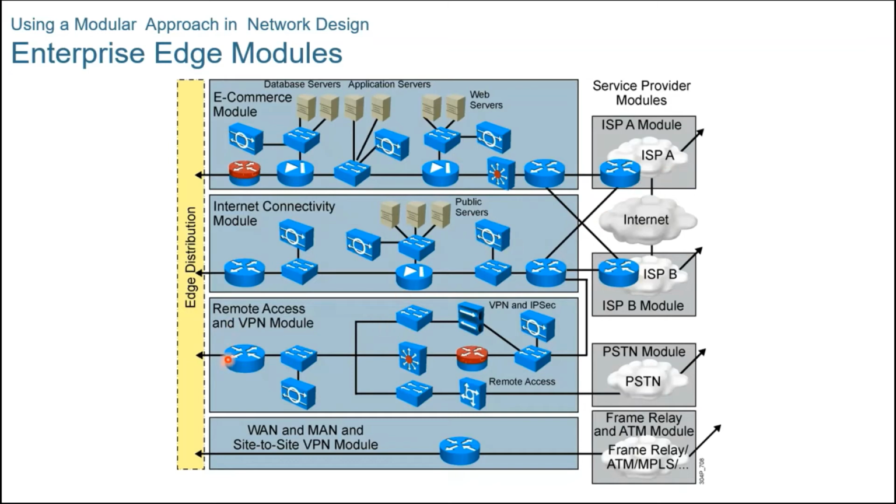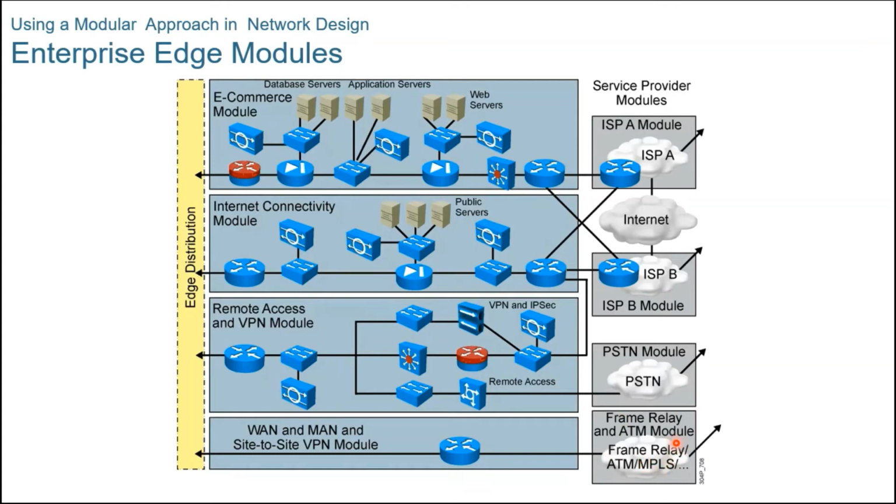Third would be the remote access and VPN module. This module terminates VPN traffic and dial-in connections from external users. And the last one would be the WAN and MAN and site-to-site VPN module, which provides connectivity between remote sites and the central site over various WAN technologies.